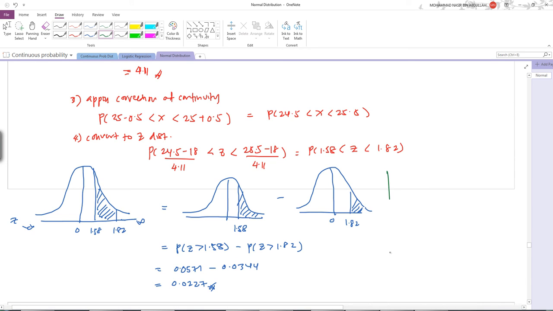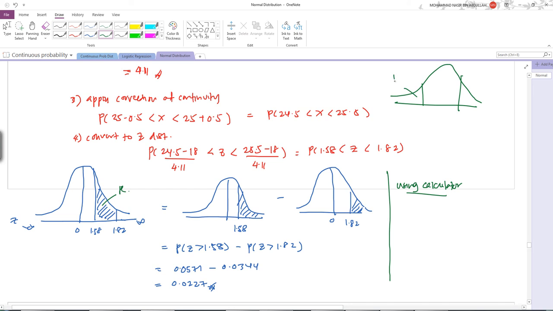So if you want to confirm it by using calculator, since this is on the R side, right? Remember in calculator we have three sides.